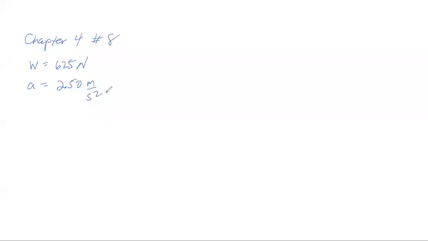Okay, so I need to find my mass. My mass is going to be equal to my weight divided by 9.8 meters per second squared, and that is going to be 63.8 kg. So for part A, what am I finding?